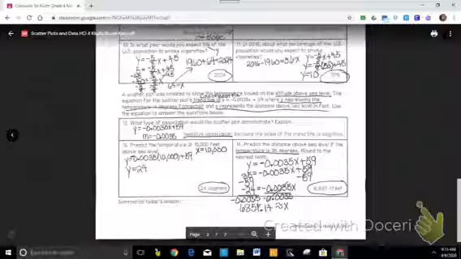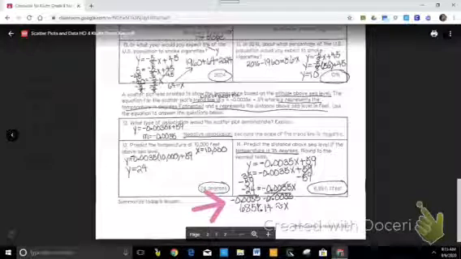The opposite of multiply by negative 0.0035 is divide by negative 0.0035 on both sides.